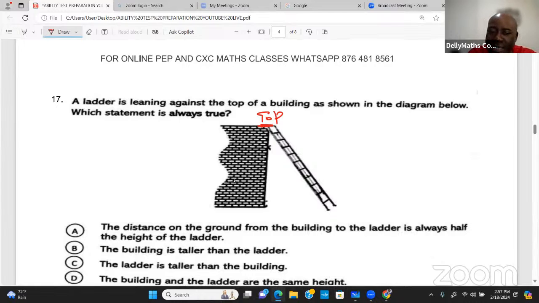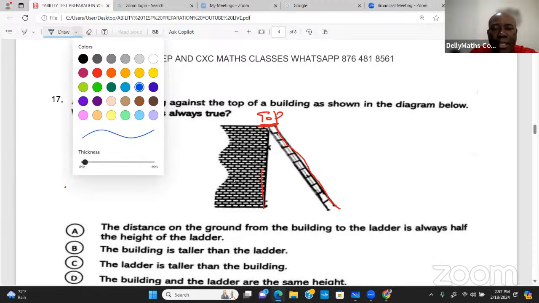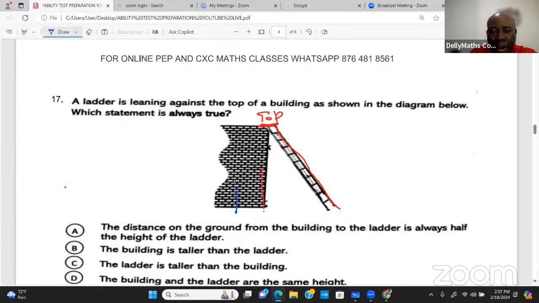Because if it is slanted and it ends up at the top, then if I were to allow the ladder to stand up beside the wall like this, it's going to pass the top of that. This ladder is taller than this wall, right? Because if I slant the ladder feet and put them all the way out there and it still reaches the top, then I'm looking for something like that.